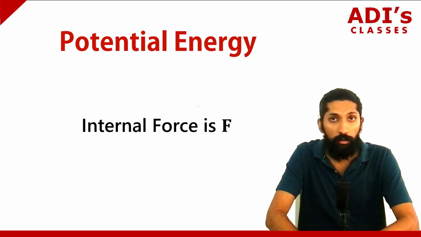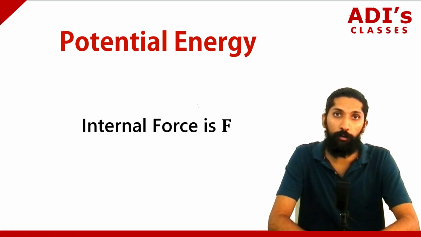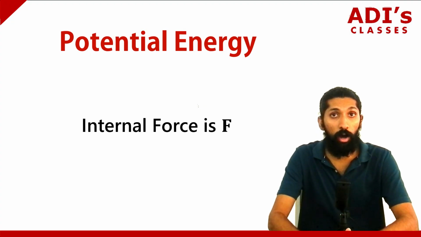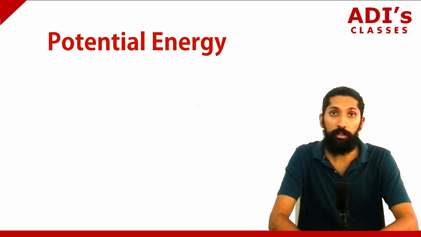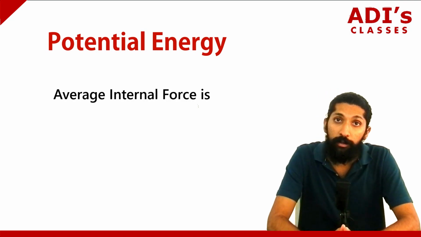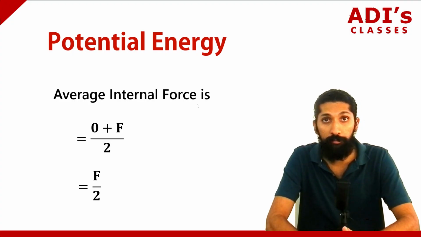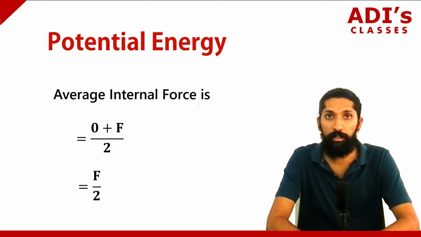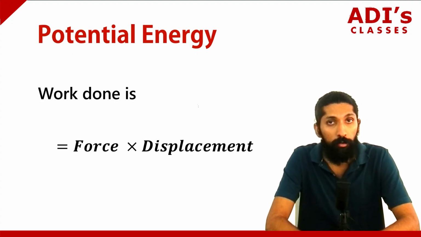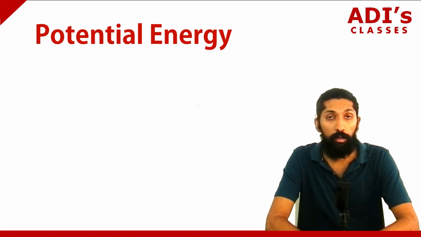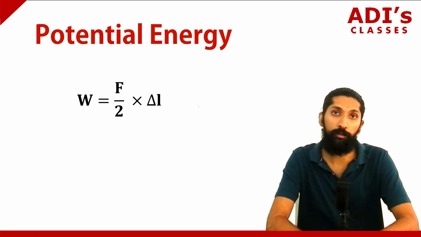Before you apply the force, the internal force was 0. Once you apply the external force, the internal force is capital F. So, what is the average internal force? 0 plus F by 2, which is F by 2. Now, what is the work done formula? Force into displacement, and here it is the average force.